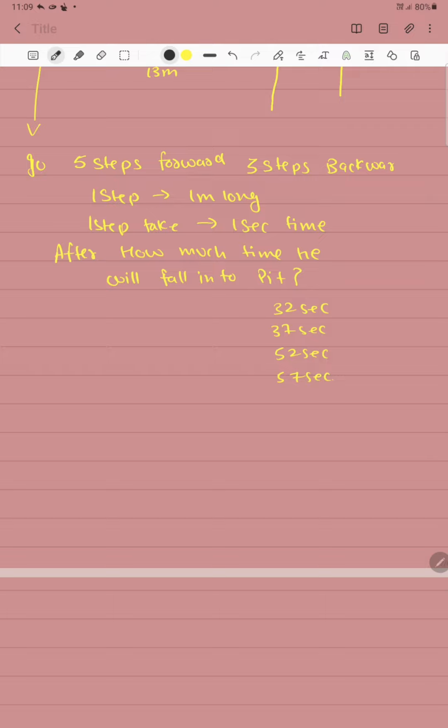So if you observe the complete pattern, what happened in the first 8 seconds? In the first 5 seconds, 5 steps means 5 meter forward. Then in the next 3 seconds, 3 steps but in the backward direction, so it will be 5 minus 3. Total displacement is 2 meter.